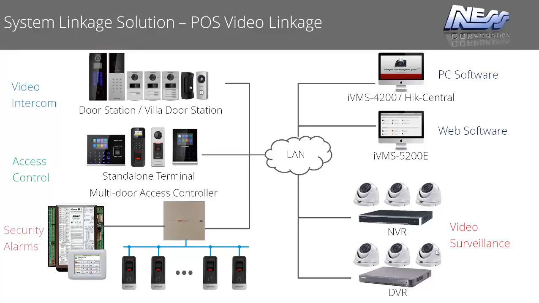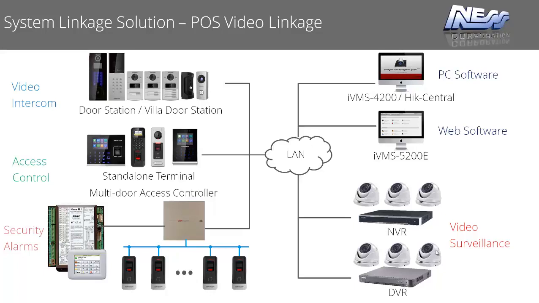So on one solution we can offer a full solution of video intercoms, both villa and apartments, access control terminals, either standalone or connecting back to a network, and access controllers, which again, on the network, are expandable up to hundreds of doors.